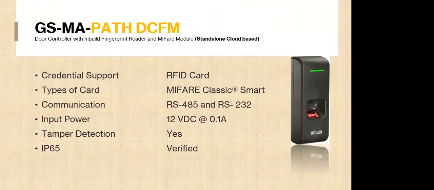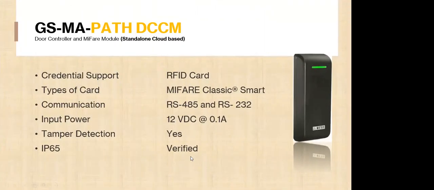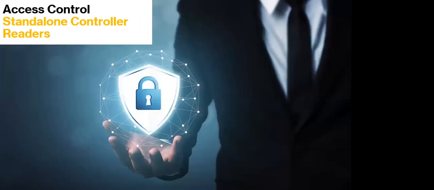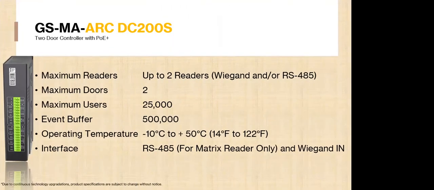It's like a buffer, Mitchell. So to understand again, Kaushal, this standalone controller has a buffer inside, right? It has storage capabilities. And it's a smart device. Yeah. Consider this similar to your ARC 200. On the ARC 200 you can connect 2 readers. This is the same as an ARC 200.